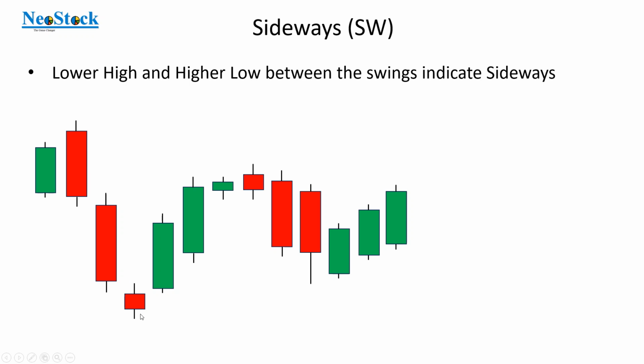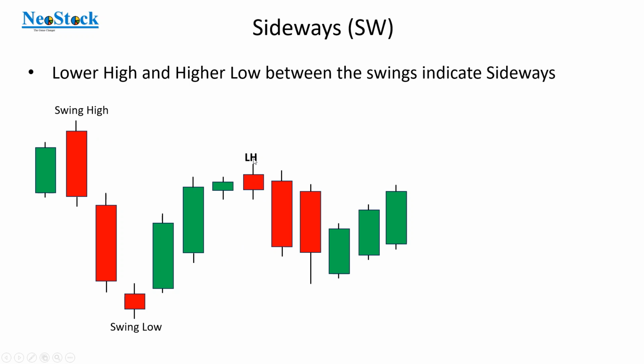This is the first swing. This is the high of the swing, this is the low of the swing. So this is the swing high and this is the swing low. Now look into the next swing. In this swing, compare the high with the previous swing. What are we identifying here? The present swing high value is lower than the previous swing high.